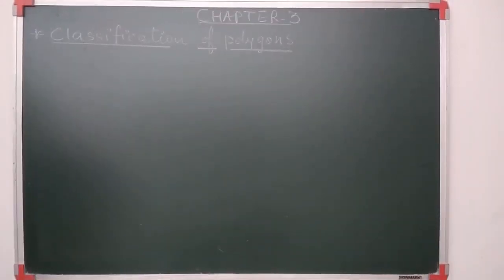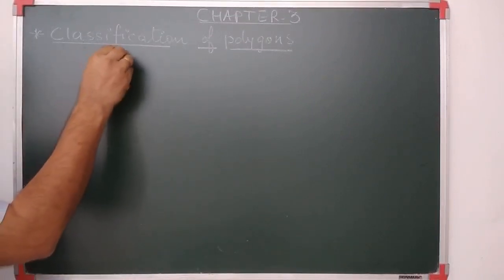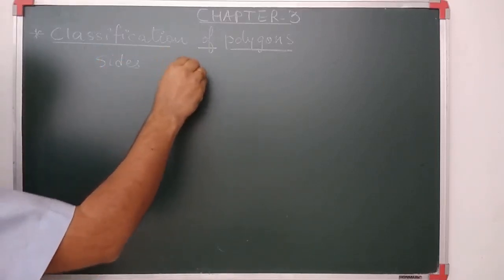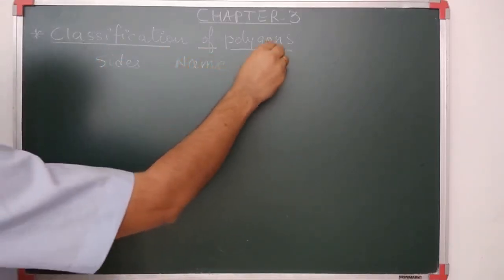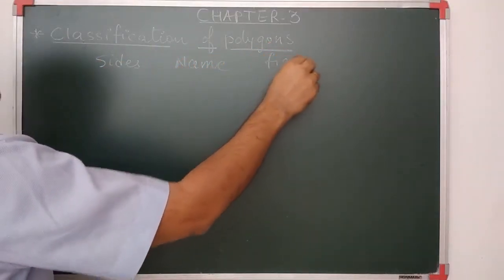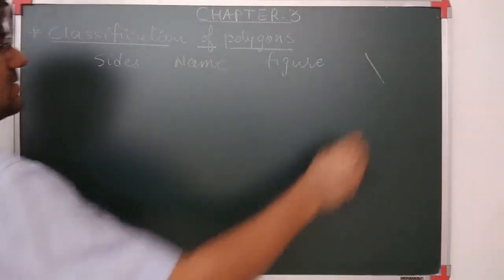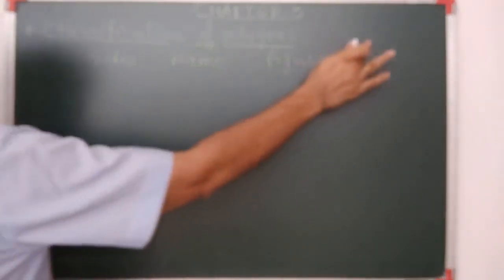Let's see the classification of polygons, based on the vertices or the sides. So the number of sides, or the vertices, gives the name, like the triangle. If I take only one side or one line segment, that won't form a polygon.